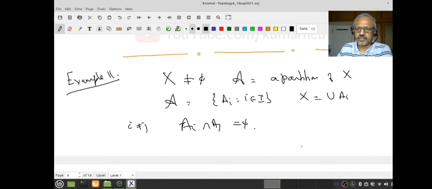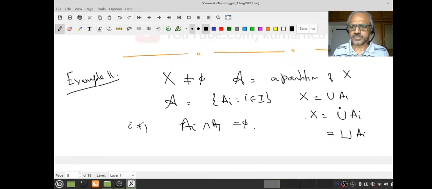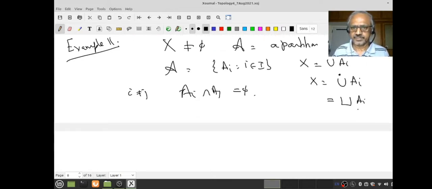It only says X is a disjoint union of pairwise disjoint A_i. Do you understand this?